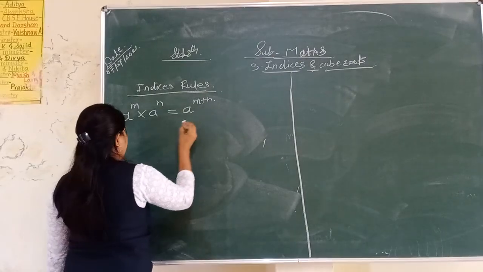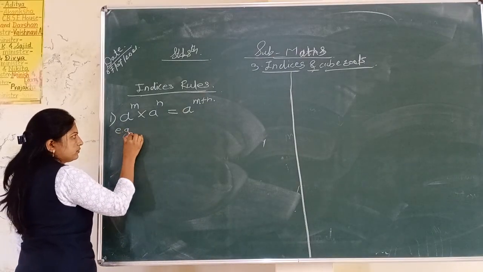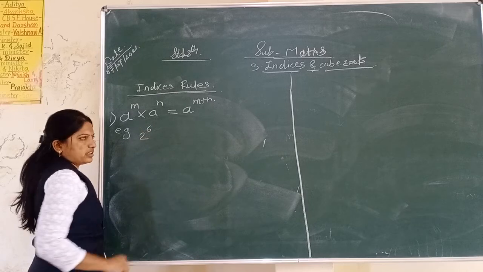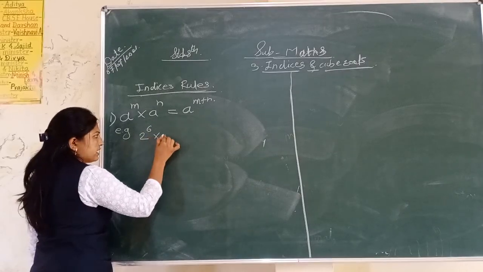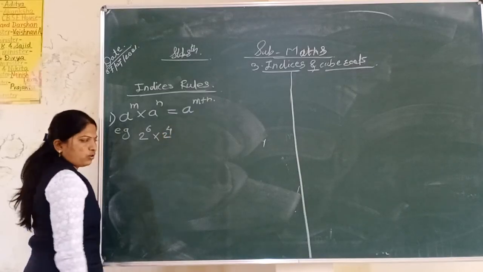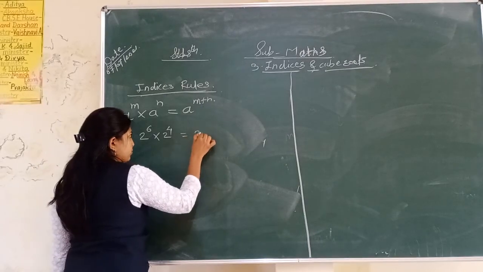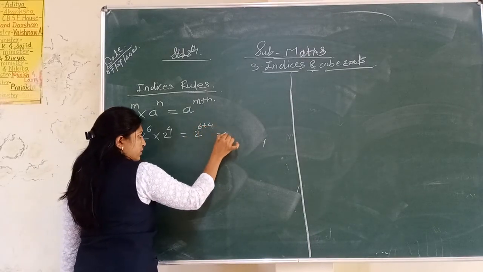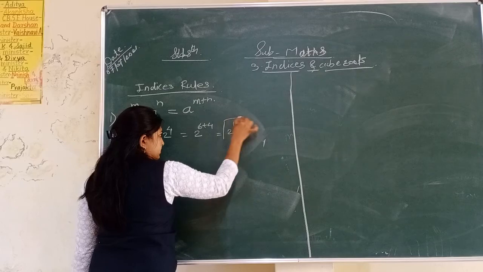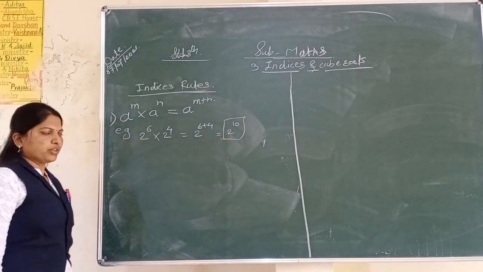For example, 2 raised to 6 and 2 raised to 4 means 2 raised to 6 plus 4, which equals 10. This is your answer.